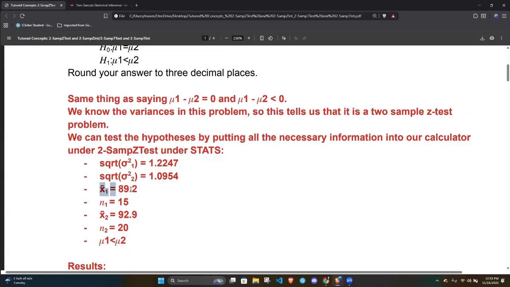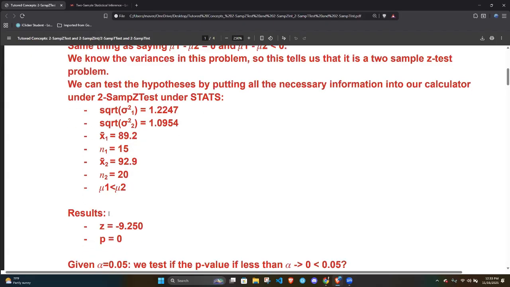We have the sample mean and sample size for the first sample, as well as the sample mean and sample size for the second sample, and that the difference in population means is less than 0. And so whenever we compute this function, given all of this data, we are left with a z-value of negative 9.250 and a p-value of 0.